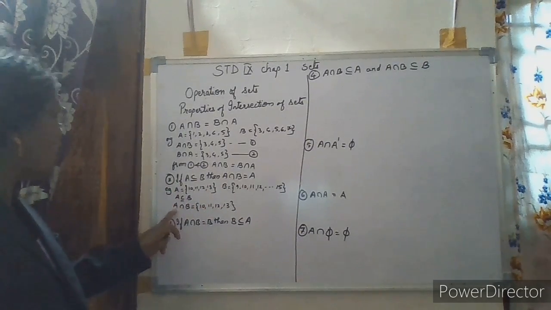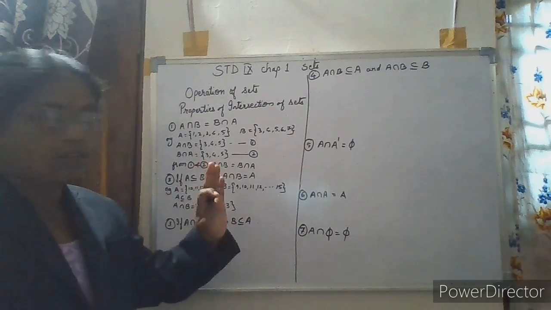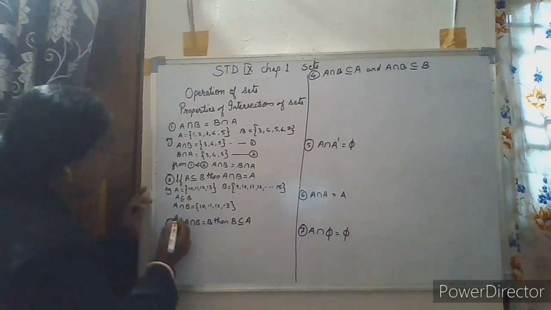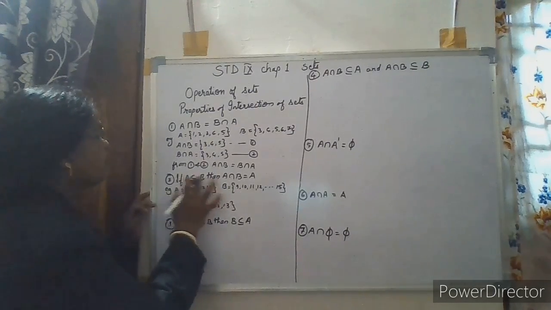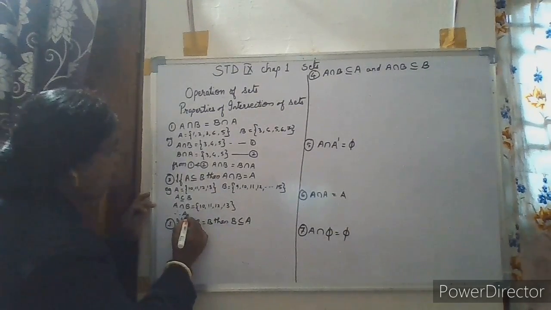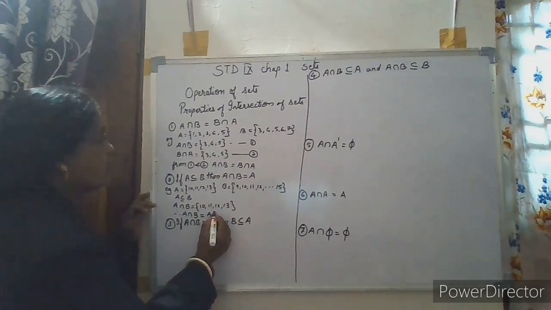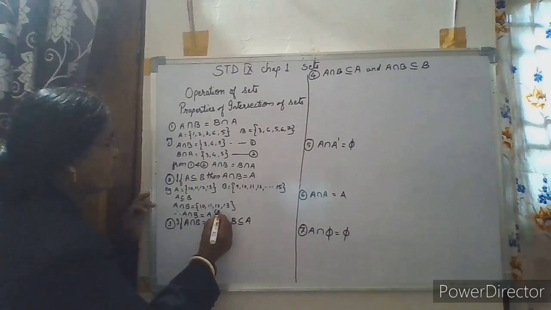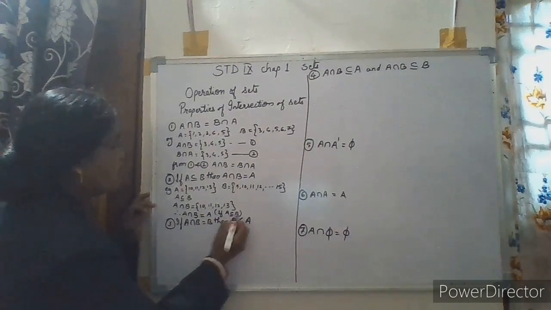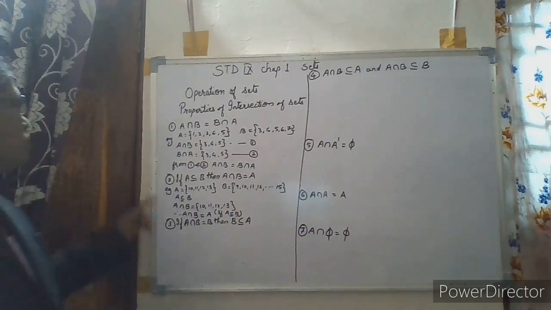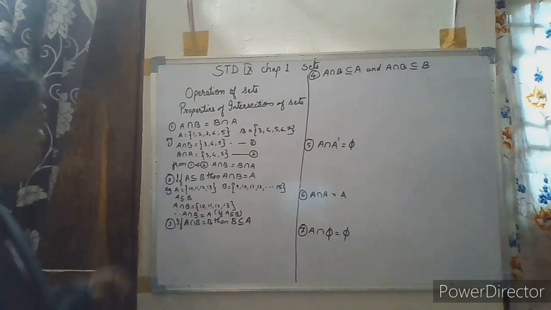Even A intersection B also has the elements 10, 11, 12, 13. So therefore we can say that if A is a subset of B, then A intersection B is equal to set A. Okay, this is the second property.